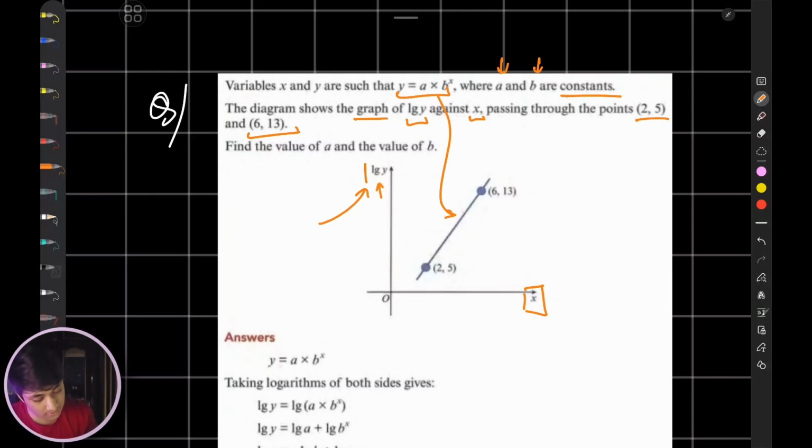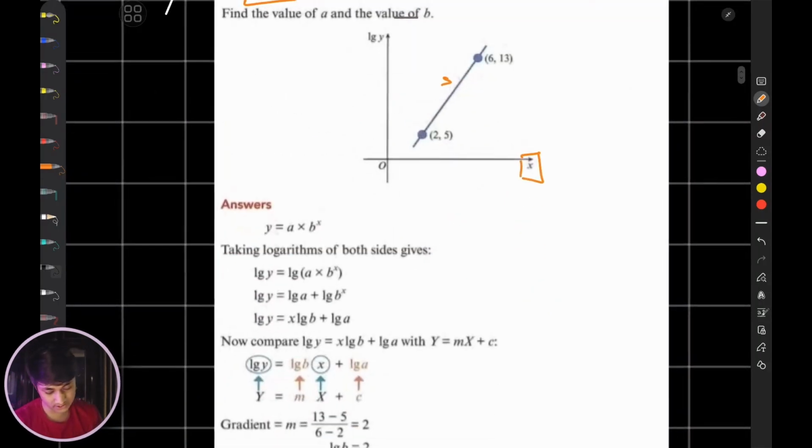Because LG basically means log base 10. So you have to introduce a log base 10 into the equation to linearize the formula. Great. So you have to linearize this expression, and bring a log into the same equation.